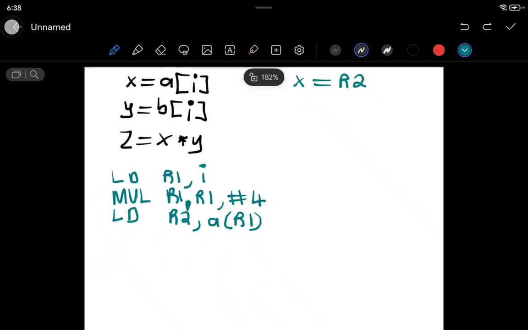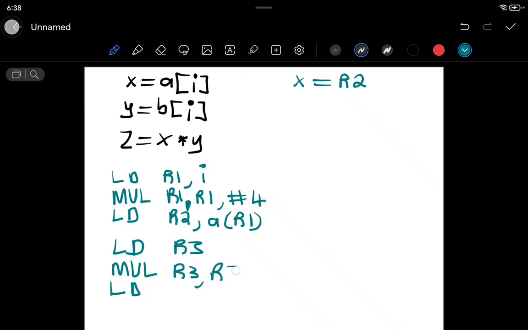I'm still going to do the same thing: load, multiply, load. So already I know the syntax. I've already used R2, so now I'm going to use R3, hash 4.